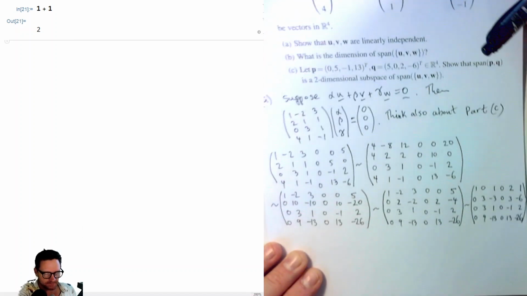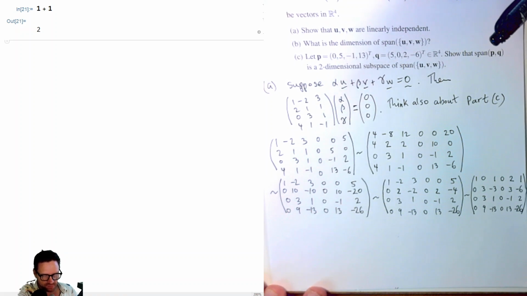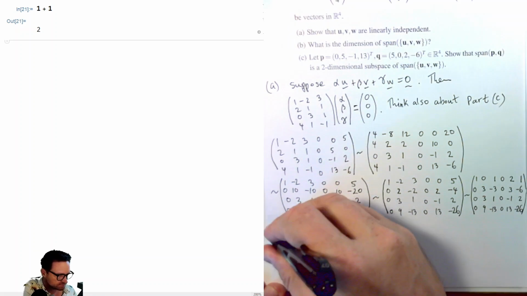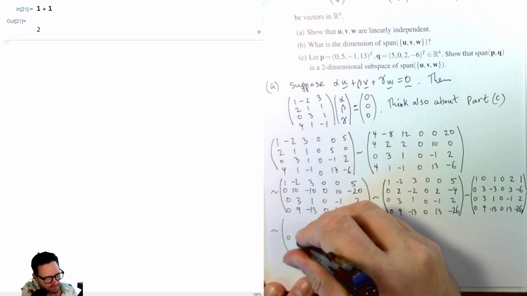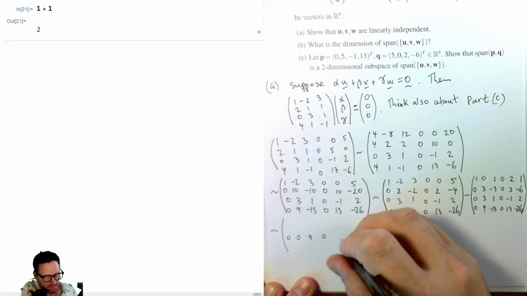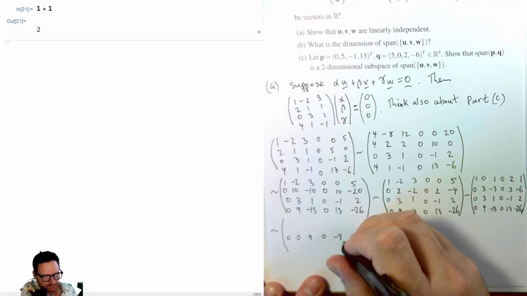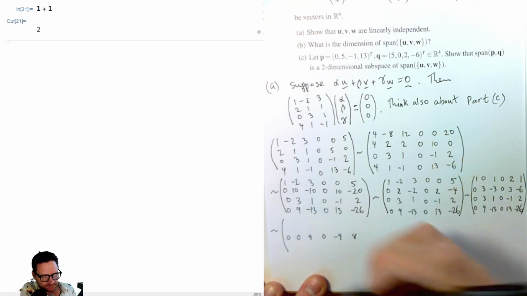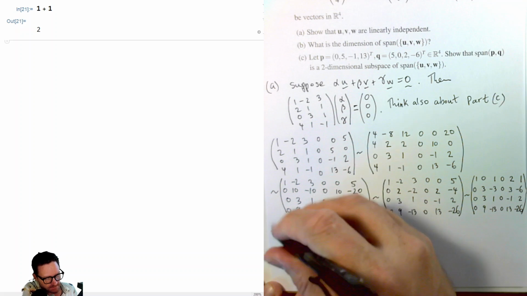Okay, great. Now let's replace row 3 with row 3 minus row 2. And in preparation to deal with row 4, we'll multiply row 2 by 3.